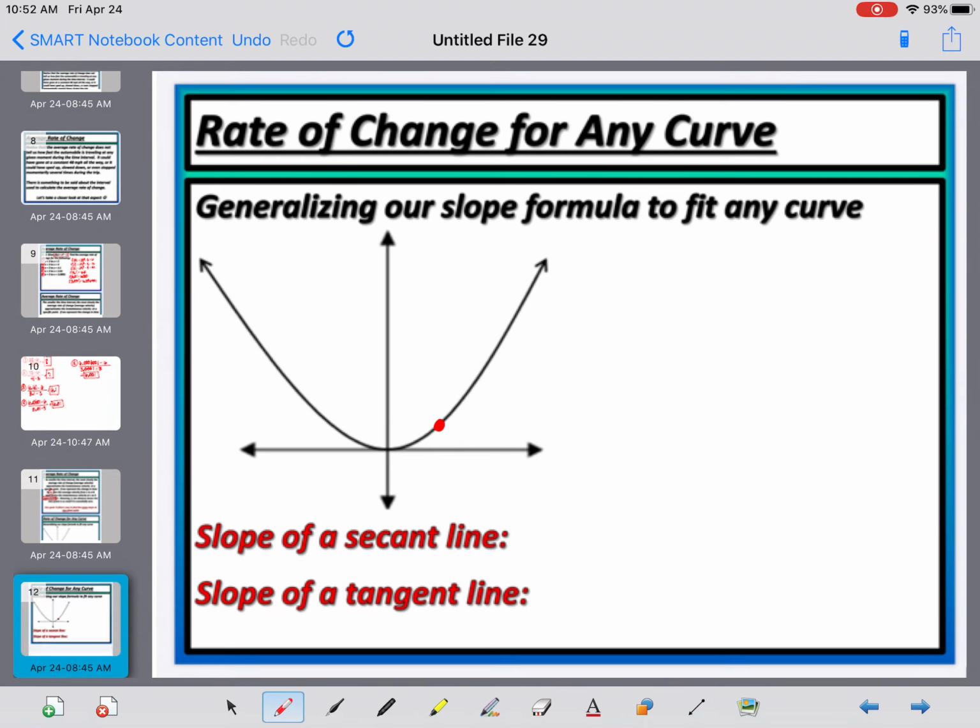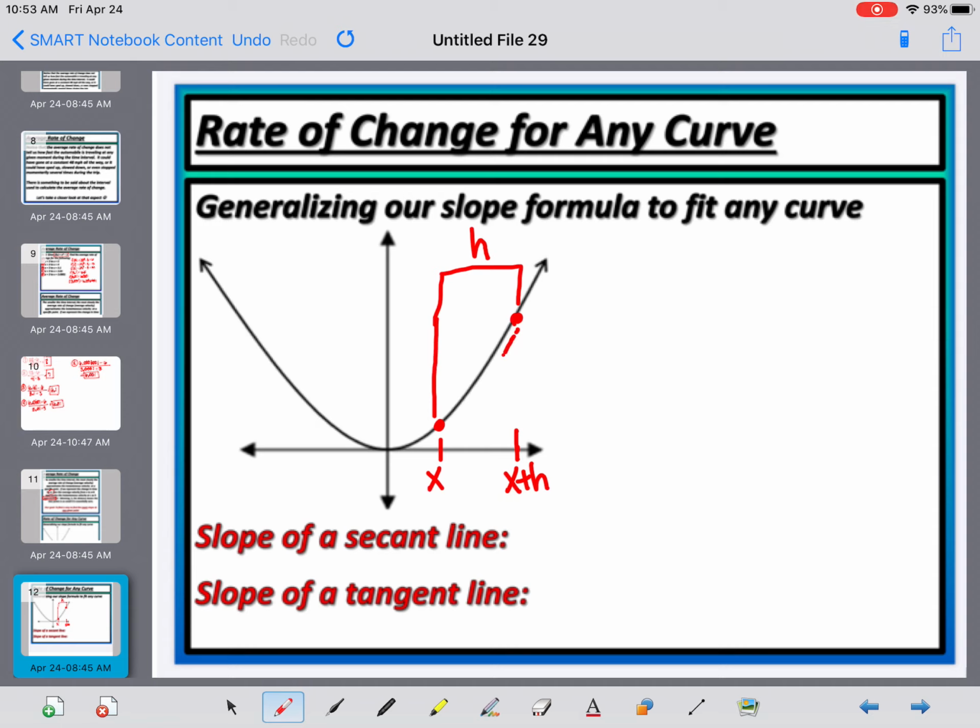Okay, so I'm just going to draw a diagram kind of talking about the situation. Okay, so if this is my point, x, and this is my x plus h, so that means that the distance in between these is represented by h.